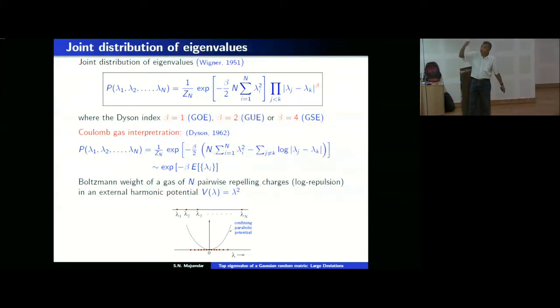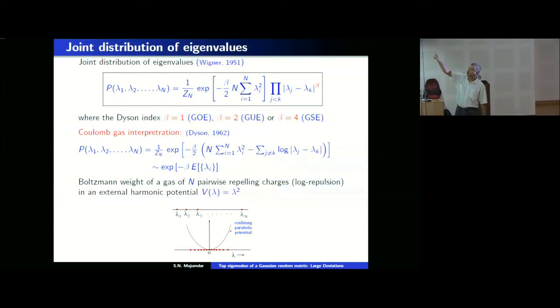So this is a long-range interaction between all these particles. You can think of this as charges sitting on a line. This log, as Anupam mentioned already, is a 2D Coulomb interaction, although they are actually living on a 1D line, okay? This is a repulsion term, they are repelling each other, and this is a confining term, which is trying to confine them towards the center of the trap, okay?